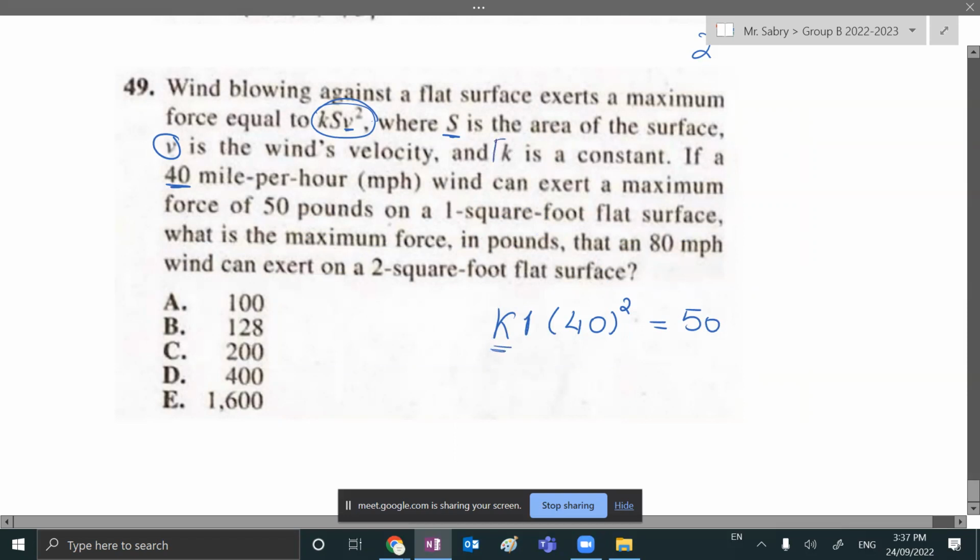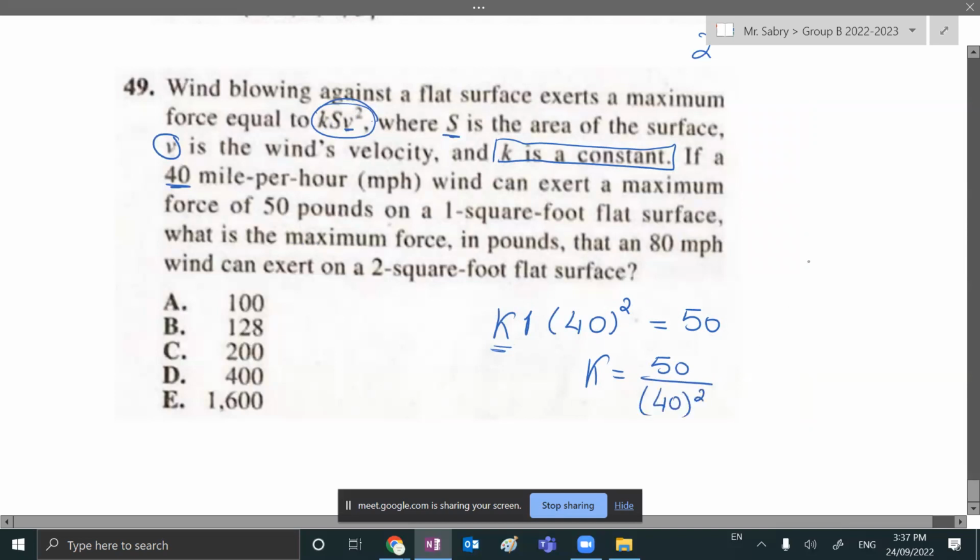They told me here that K is a constant. So if I have the value of K, I can just substitute it here, and I can substitute whatever they want and find the answer later on. So I'll just need to move the 40 squared to the other side by division. So K is equal to 50 divided by 40 squared.